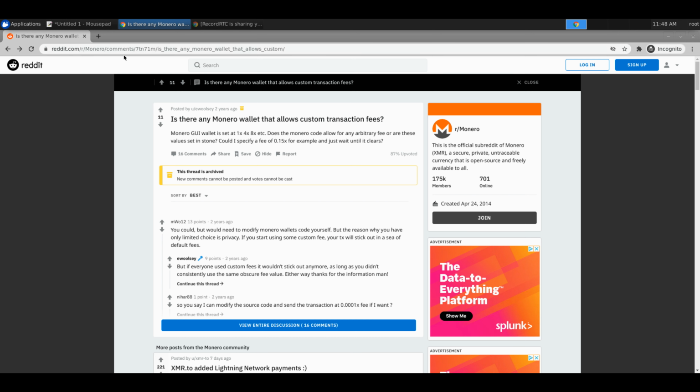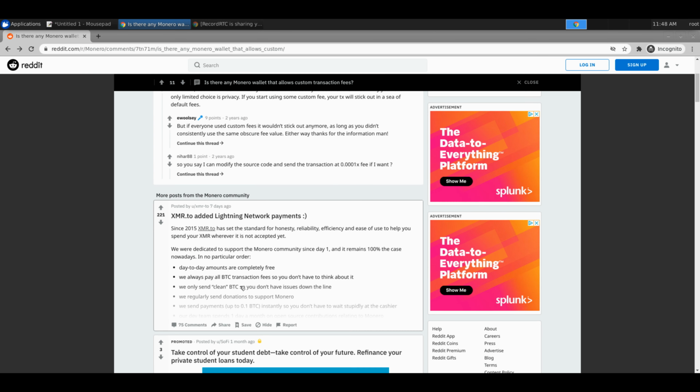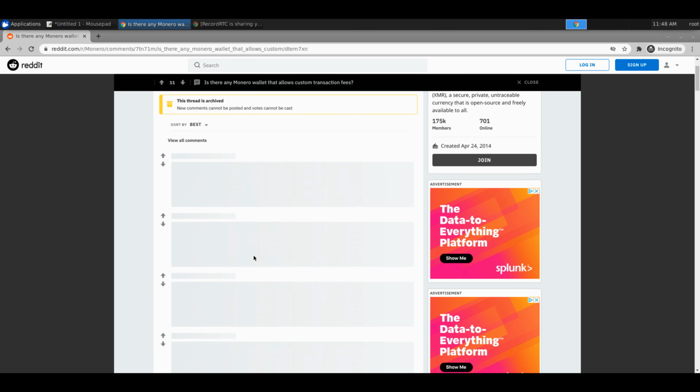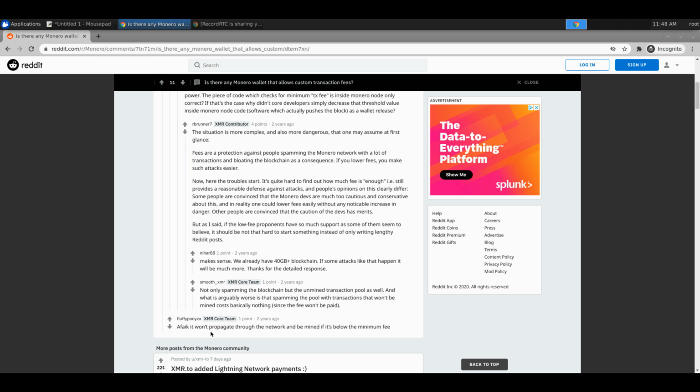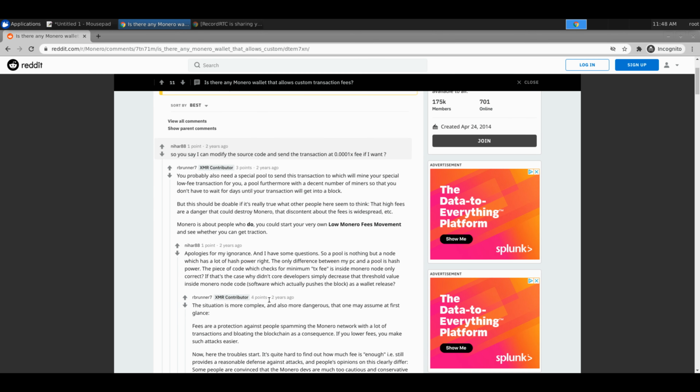But that's actually not the case. If you look through this Reddit posting on Monero, someone asked, can I do an arbitrary fee, or is it set in stone? Then people talk about it. Most people say yeah, you can do it. What's interesting is Fluffy Pony from the core team says it won't propagate through the network and be mined if it's below the minimum fee.